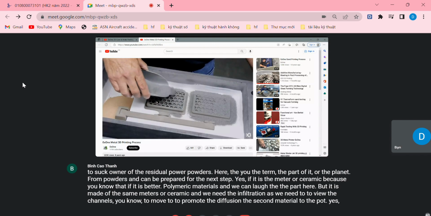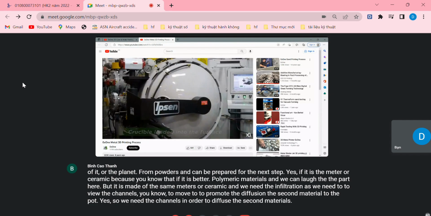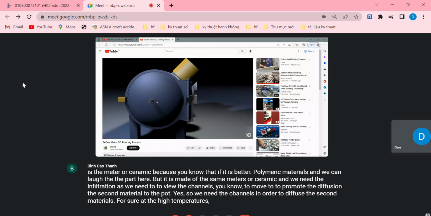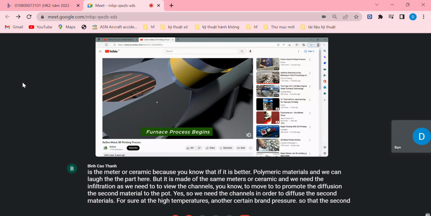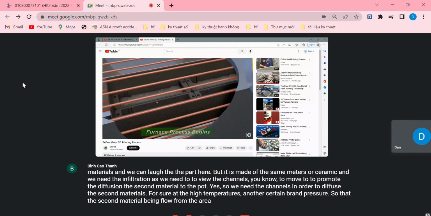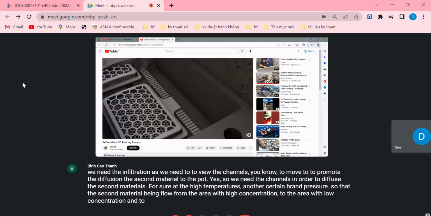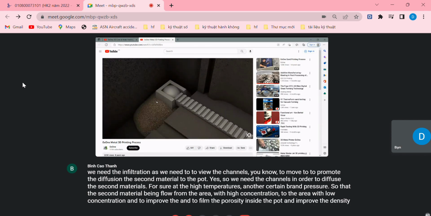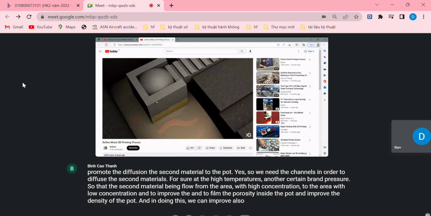So we need the channels in order to diffuse the second material, at high temperatures and at a certain pressure, so that the second material will flow from the area with high concentration to the area with low concentration, and fill the porosity inside the part and improve the density of the part.